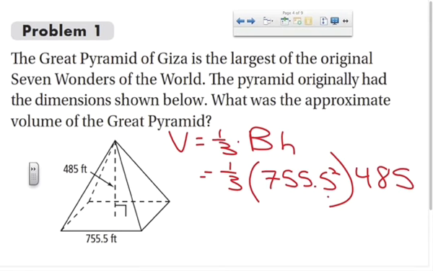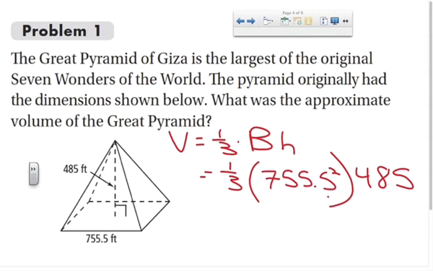And that's going to be a wildly massive number, as it should be, since it's the volume of a pyramid, like a Greek pyramid. Because the area of the capital B is a square. Think about how you find the area of a square. It's length times width. But in a square, the sides are all the same. So 755.5 times 755.5.